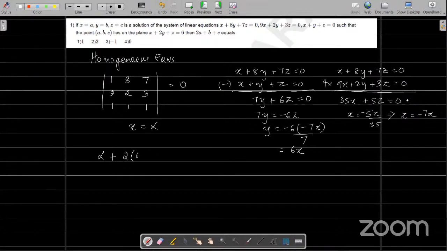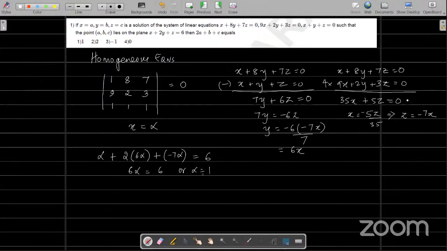So 2 into 6 alpha plus z is minus 7x or minus 7 alpha, which is minus 7 alpha equal to 6. So from this, we got an equation only in one variable, which is alpha. So let's find what alpha is from this equation. So 12, 13, 13 minus 7, 6. So therefore 6 alpha equal to 6, or alpha equal to 1.